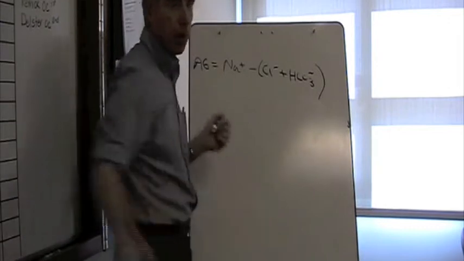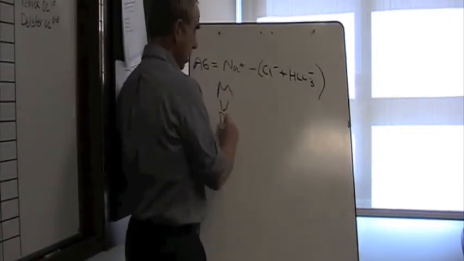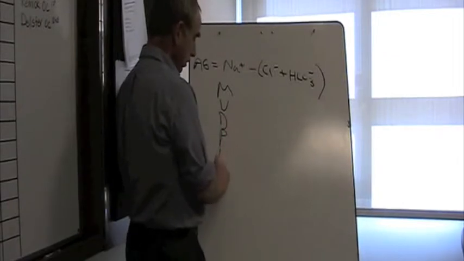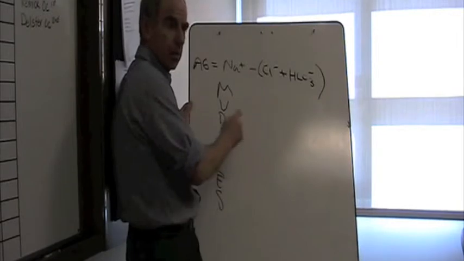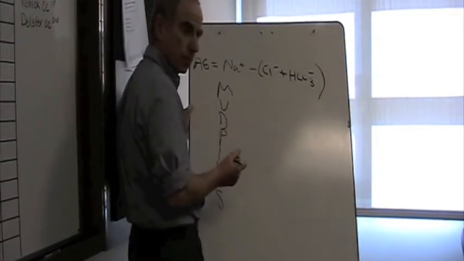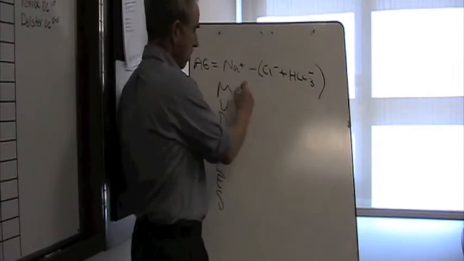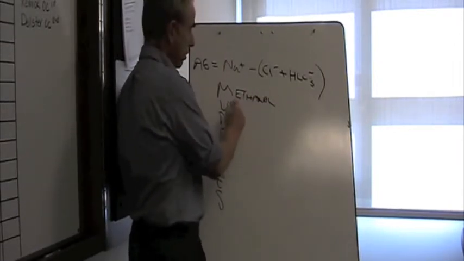Mud piles. Pardon? Mud piles. Okay, so that's the mnemonic which pretty much everybody learns. I've only heard one or two other ones, but I always forget them. So most people know this one. So what does it stand for? Methanol. Okay, methanol. Urea.